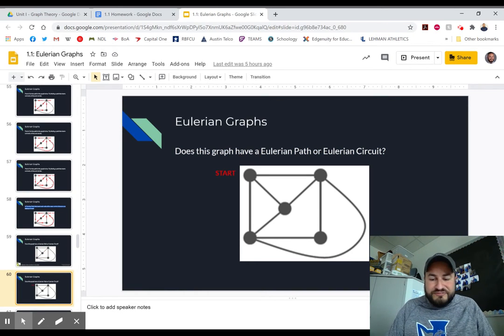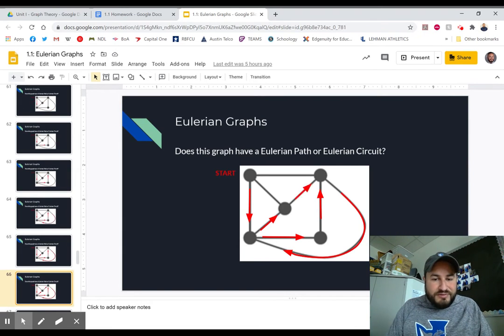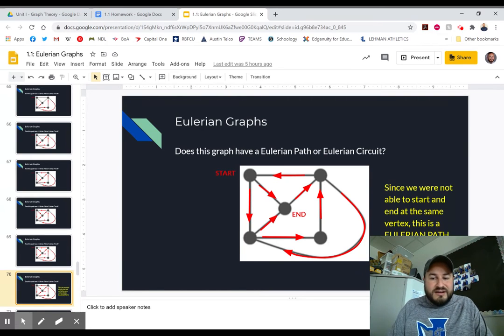I started in the top left, went around the loop, then went up through the middle and around, and down to the middle. I used every edge exactly once, but I didn't start and end at the same spot. I started at the top left and ended in the middle. This is just a Eulerian path, but not a Eulerian circuit.